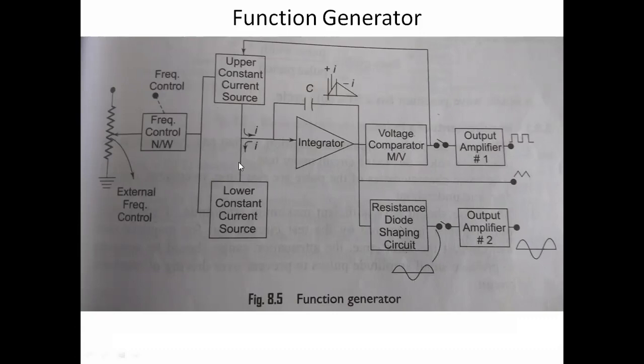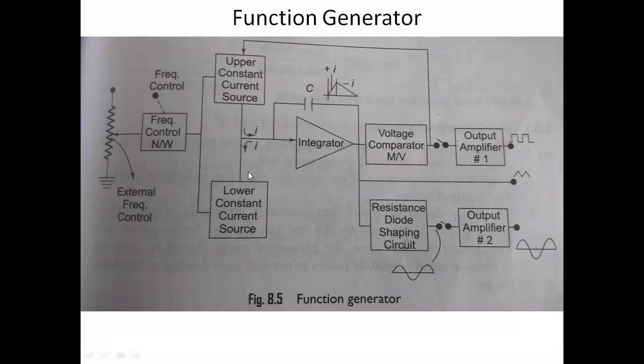According to those values, whenever the output voltage reaches the predetermined minimum value, again this multivibrator produces an output signal, and that output signal changes the switching position.